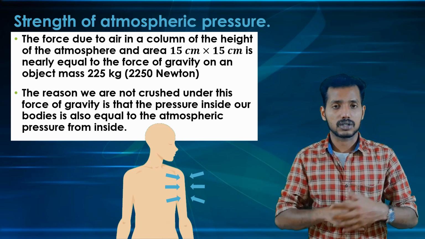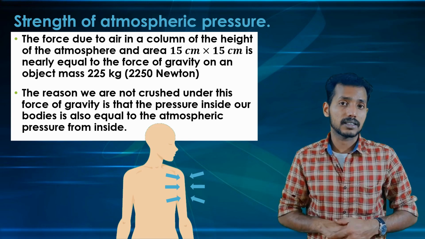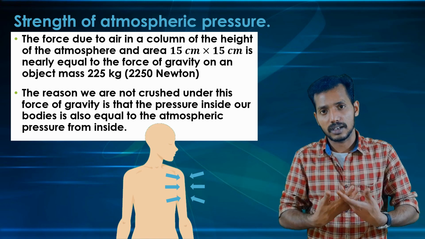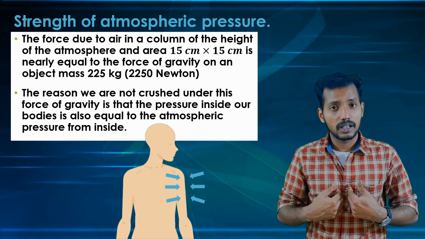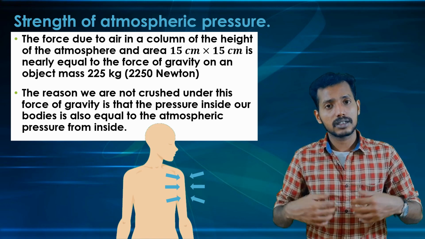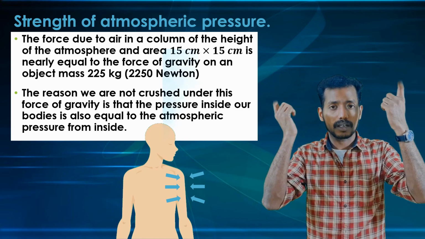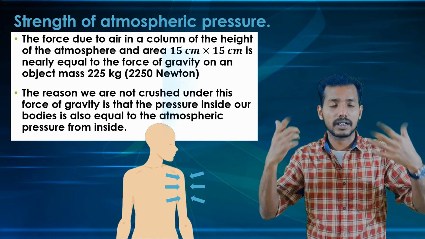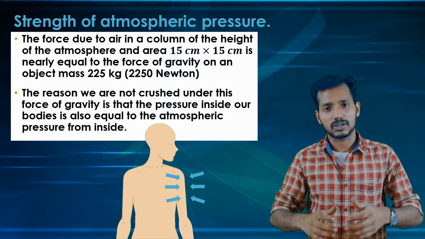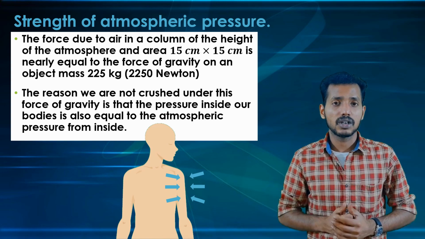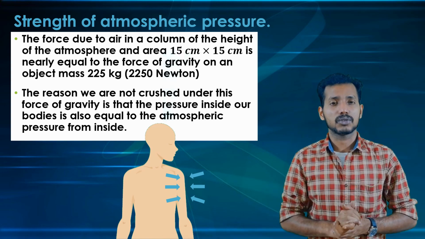They cancel each other. We already discussed that net force is equal to 0 when equal and opposite forces are exerted. In a similar way, inside our body there is atmospheric pressure because air is present. Outside also, air is present. The same amount of atmospheric pressure is exerted from inside as well as outside. So the net atmospheric pressure will be 0. Due to this reason, we are not feeling the strength of the atmospheric pressure.